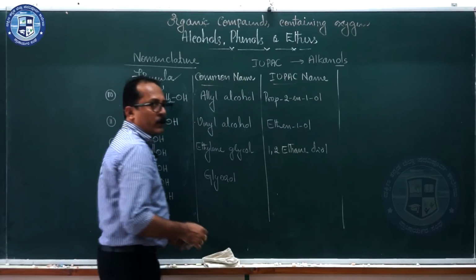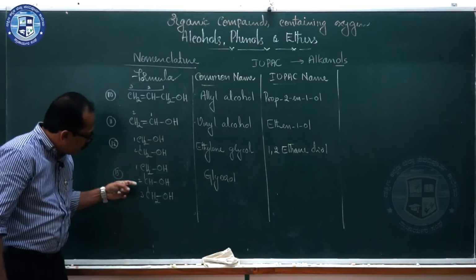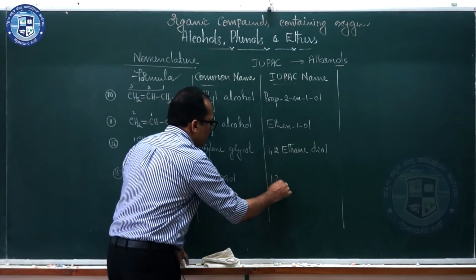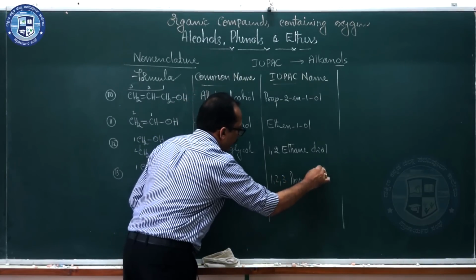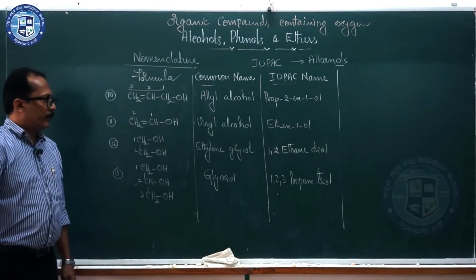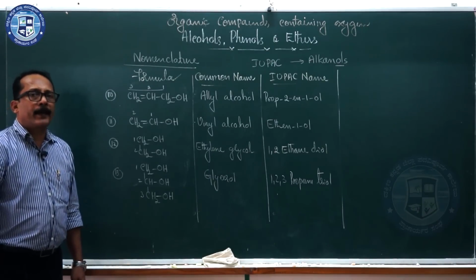There are three OH groups, so triol. The positions of the OH groups are 1, 2 and 3. So it is called 1,2,3-propanetriol. The IUPAC name of glycerol is 1,2,3-propanetriol.